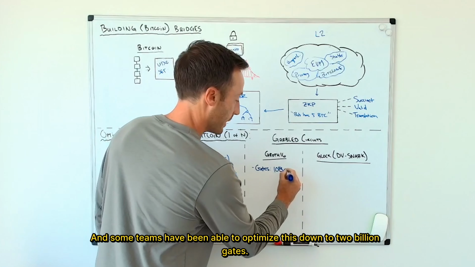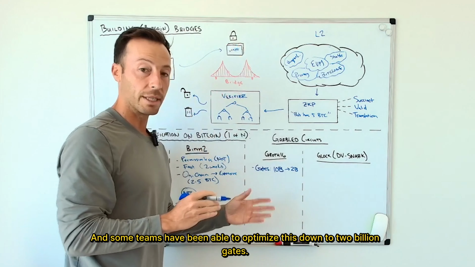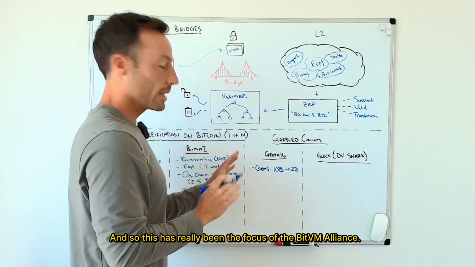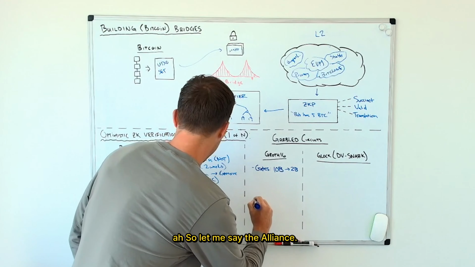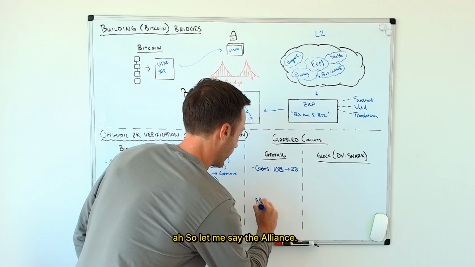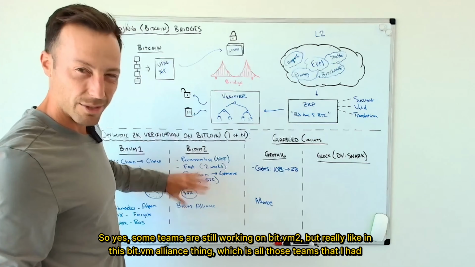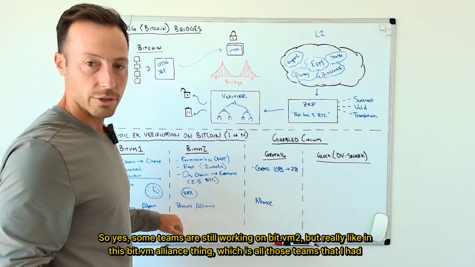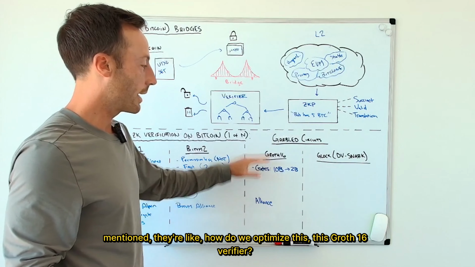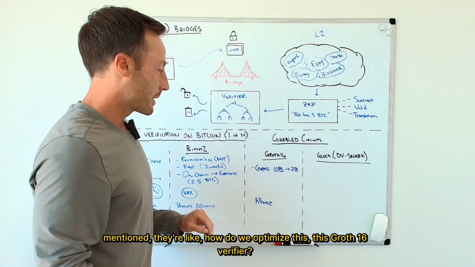And some teams have been able to optimize this down to 2 billion gates. And so this has really been the focus of the BitVM Alliance. So yes, some teams are still working on BitVM 2, but really in this BitVM Alliance, which is all those teams that I had mentioned, they're asking, how do we optimize this Groth16 verifier?